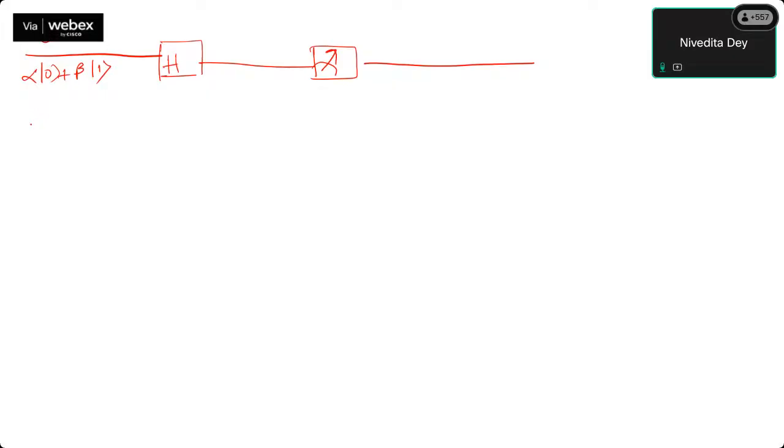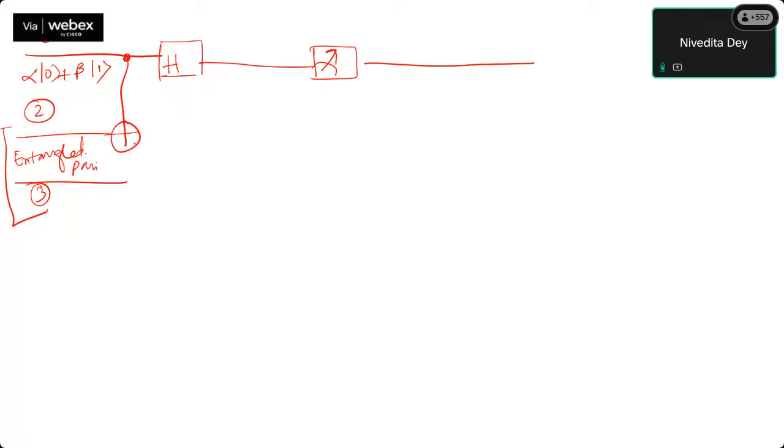Say qubit 1 is alpha 0 plus beta 1, and that goes through a Hadamard followed by a measurement. The second qubit, qubit number 2, and qubit number 3, which is part of the entangled pair, is here, where this one is making this control NOT.